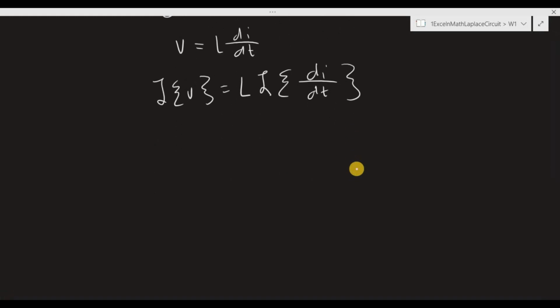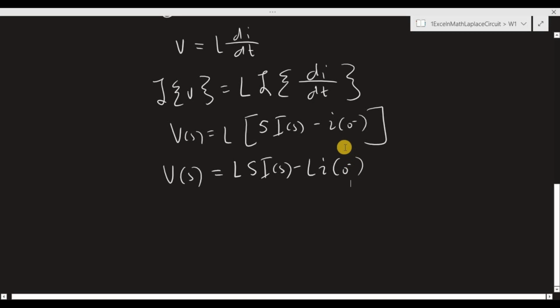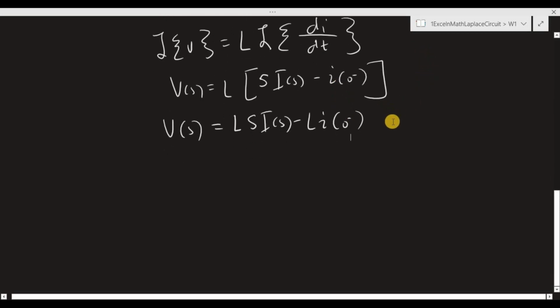So V of S equals L times the Laplace transform of di over dt, which is S I of S minus I0 minus. Then by simplifying the right hand side, we get L S I of S minus L I0 minus. Now we have an equation for the inductor in the S domain.